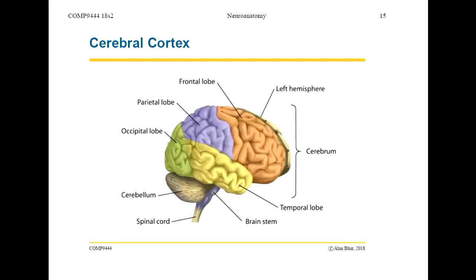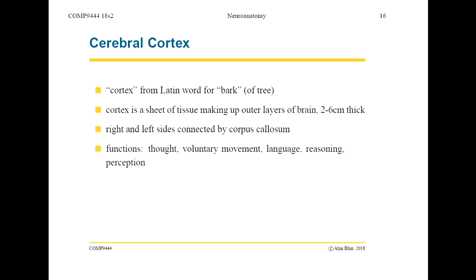The cortex is divided into 4 lobes: the frontal lobe, parietal lobe, occipital lobe, and temporal lobe. And it has these higher level functions such as voluntary movement and language and reasoning and so on.